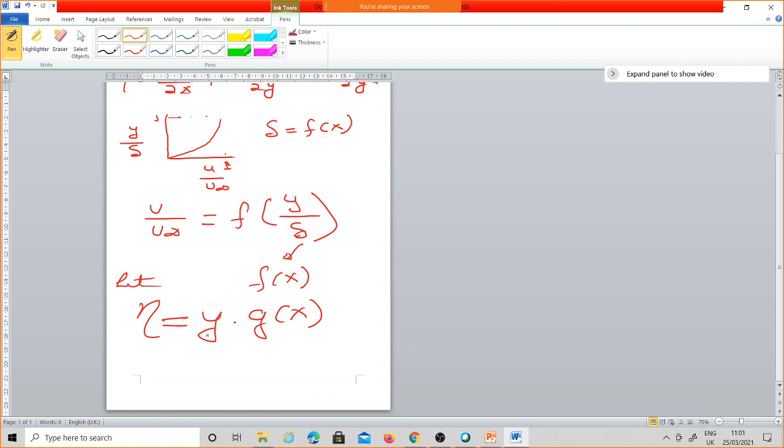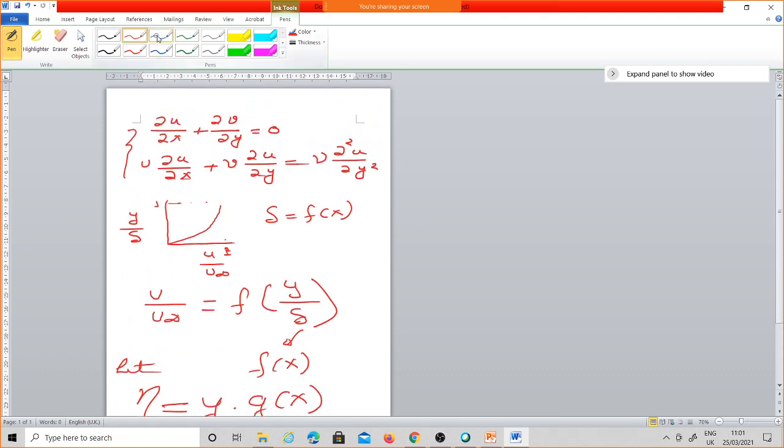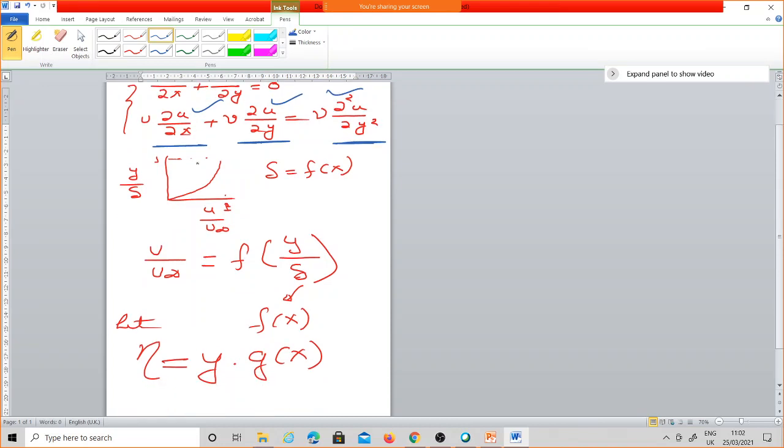So we can consider that eta is y multiplied by g(x). g is also a function of x. Okay, so what we need to do now is evaluate these derivatives: du by dx, du by dy, del squared u by del y squared. We need to find these derivative terms, and then we need to substitute them. Okay, so now we will do that.